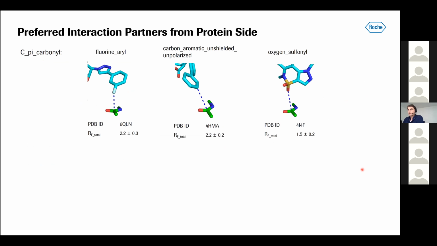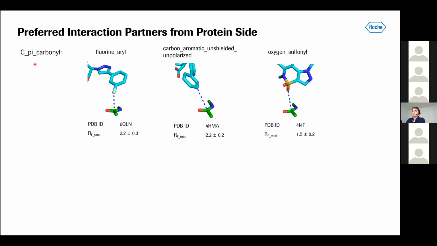Okay, now that we have developed these RF values, calculated these RF values for all types of ligand atoms, when you are now in a drug design project and you wonder what's the best atom type to put at a certain position to make a contact to any protein atom type, you can now query this and search for this.